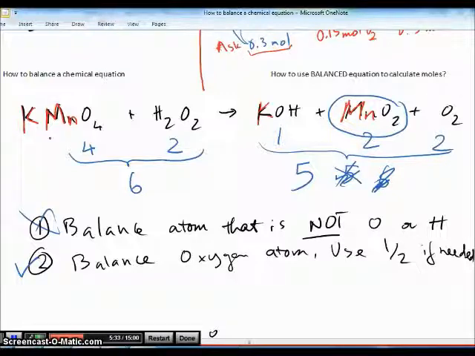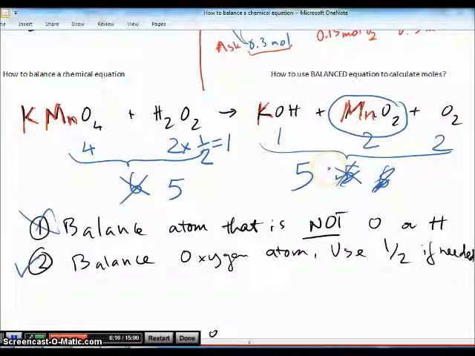I've got to think kind of creatively here. So there's 5 over here. There are a number of ways that you can do this actually. What if I multiply this number by 1/2? 2 multiplied by 1/2 is 1, and 4 plus 1 is 5.